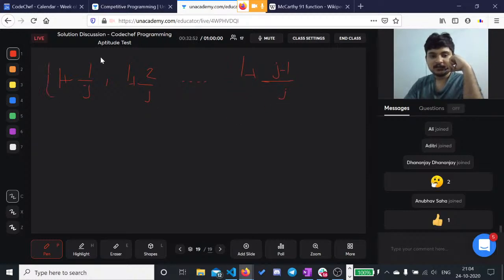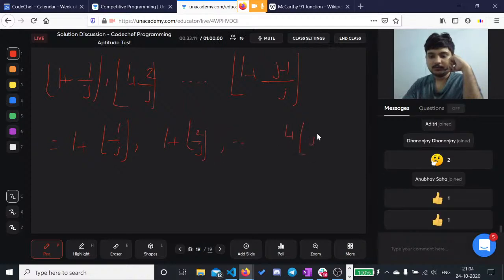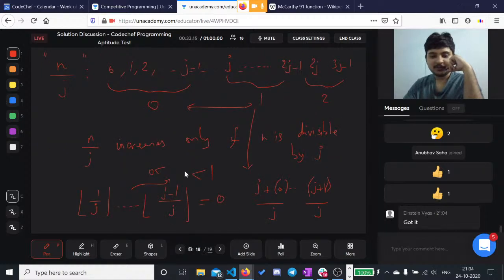And the floor of all of these is 1, because this is the same as 1 plus floor 1 by j, 1 plus floor 2 by j, and so on, 1 plus floor j minus 1 by j. Or you could also say it's obvious by looking at these numbers. So for this segment the answer is 1, for this segment the answer is 2, etc.